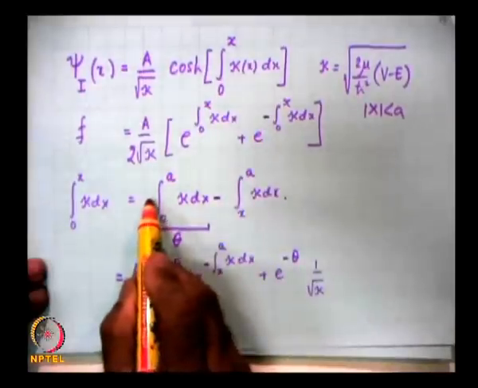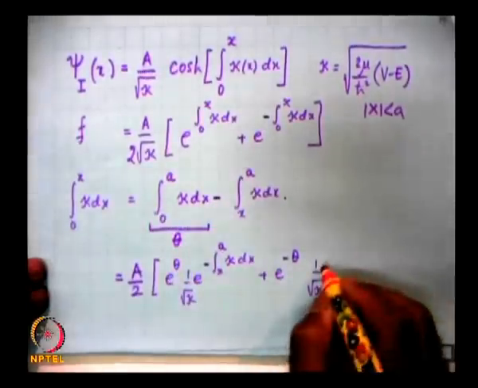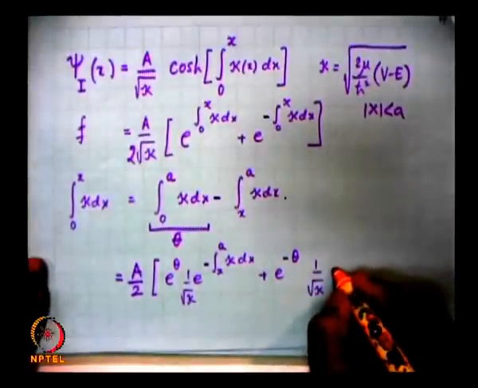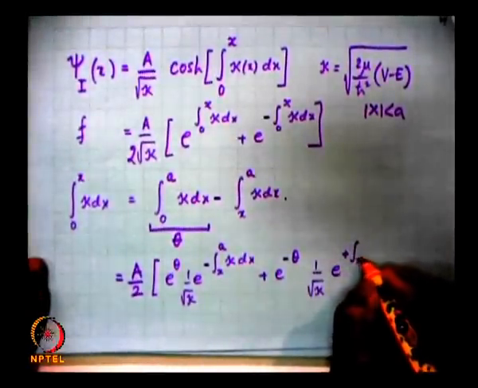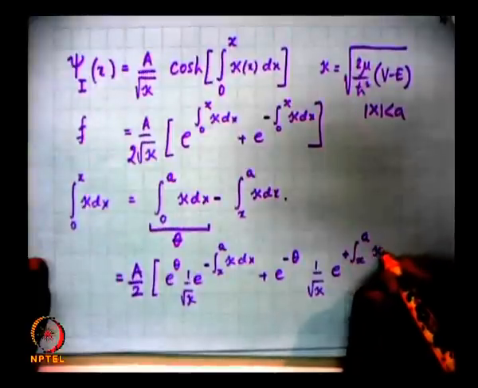So, this will be minus here and plus here, e to the power of minus theta, e to the power of plus the integral from x to a of kappa dx.